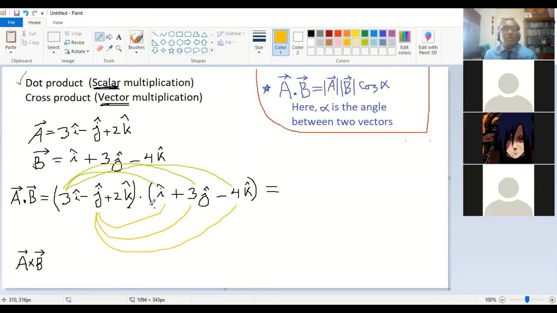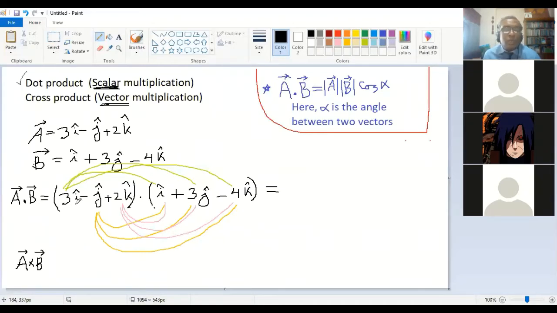So you will multiply everything by everything, and also the last one. I'm not writing every one, I'm just telling you all will be multiplied by each other.